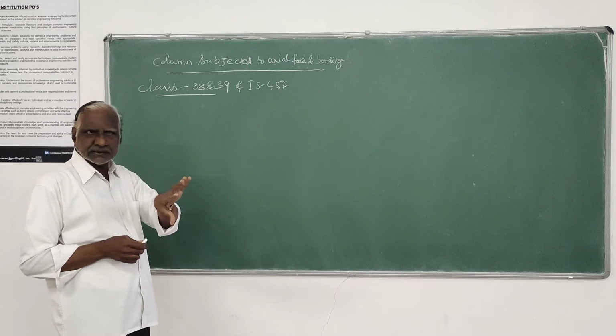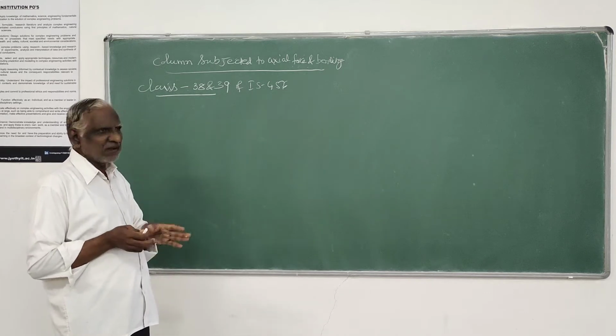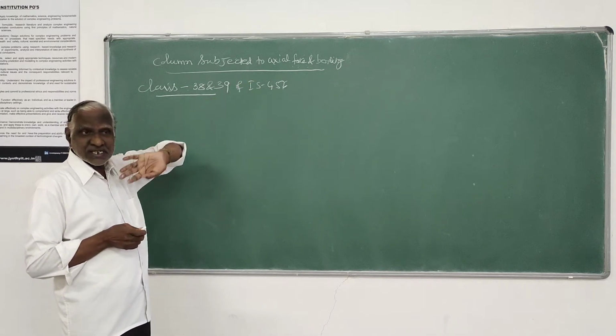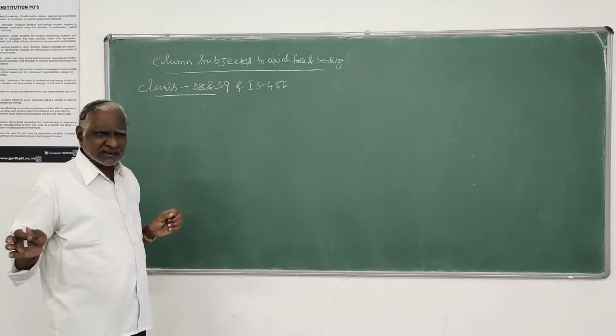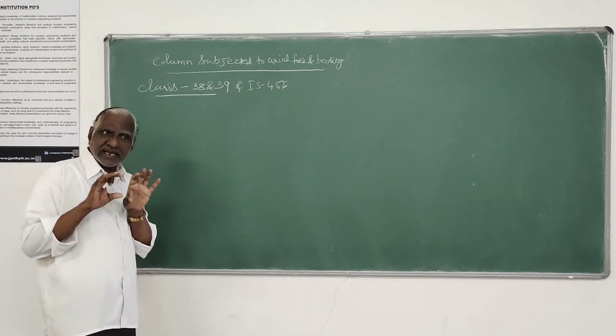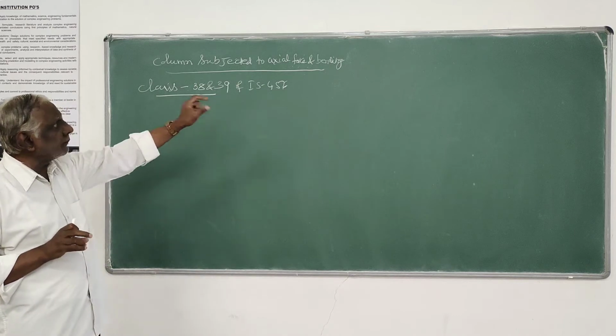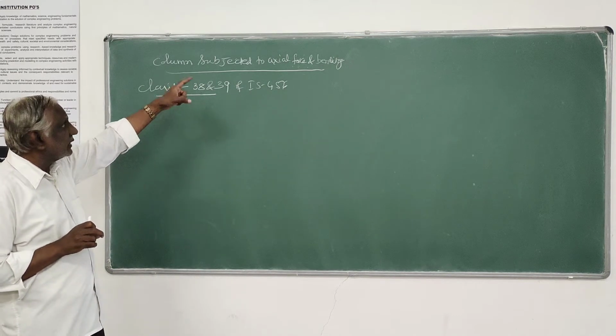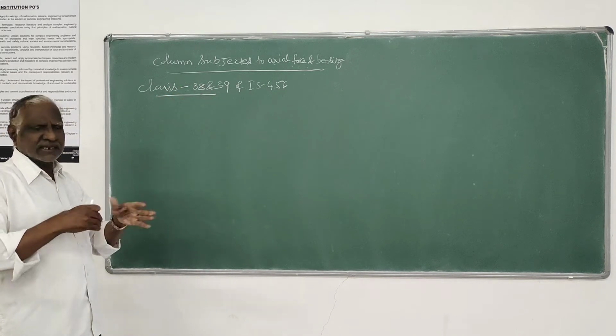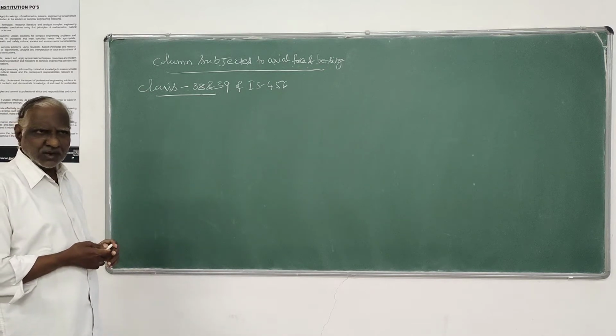All that information you should have in mind well before going for this particular analysis. I'll just go through only the salient points or main points which are required for our design of columns. The rest you can just refer to IS 456.